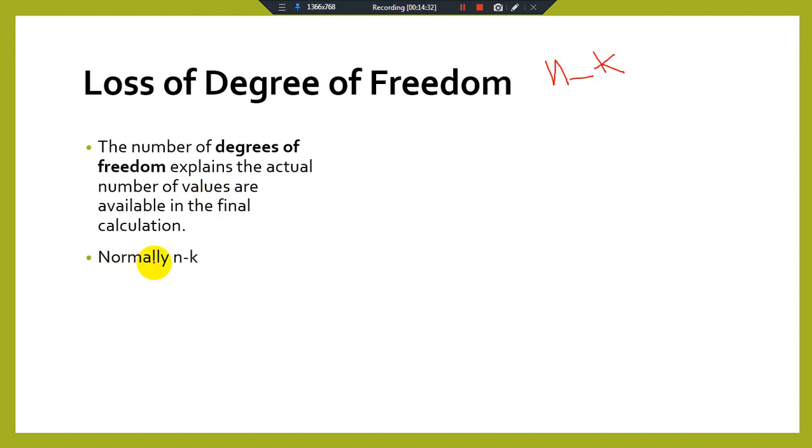Normally degree of freedom is written as n minus k, where n is the total number of observations, and k is the total number of parameters. So n minus k shows how many observations remain for our empirical analysis.